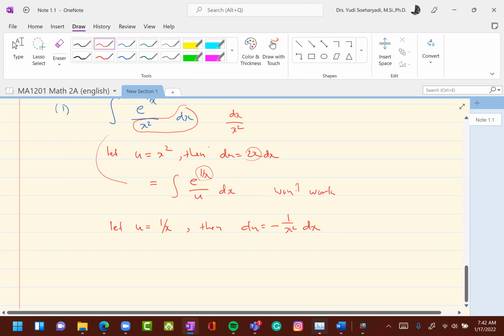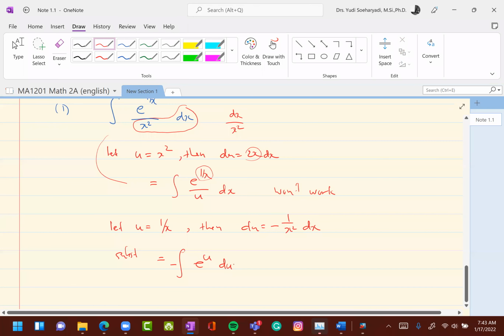If you do substitution, you get the integral of e to the u. And this is just a negative part, let's put it in front. So that's the u.